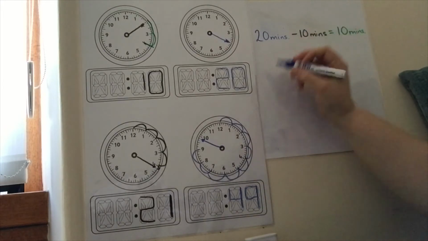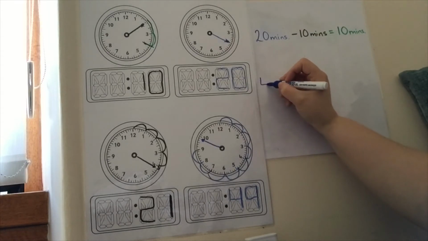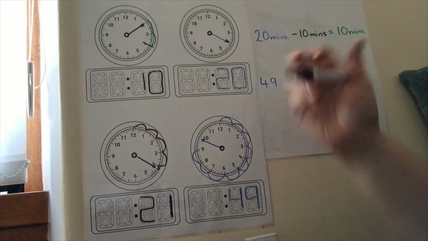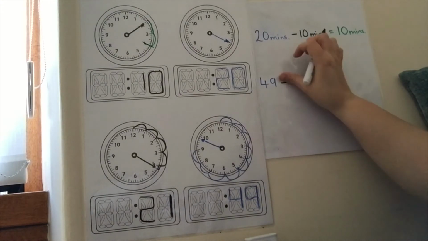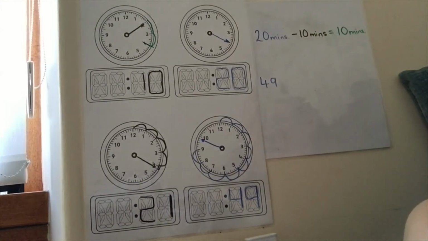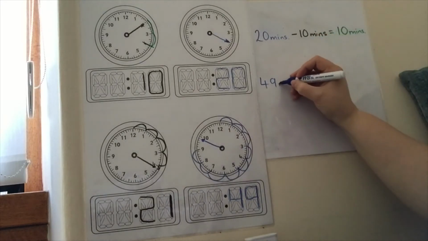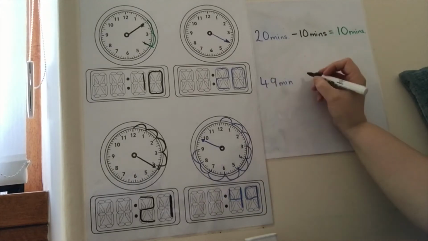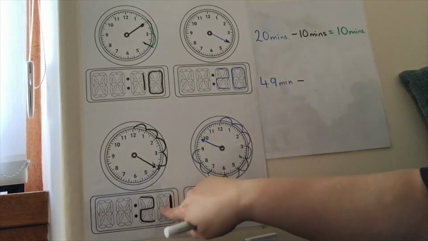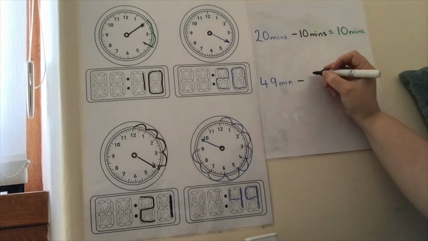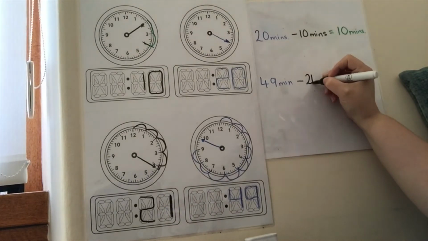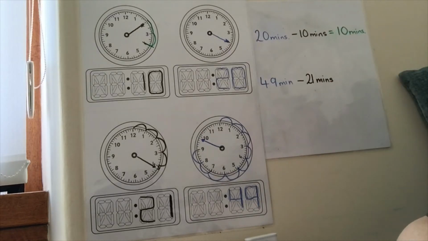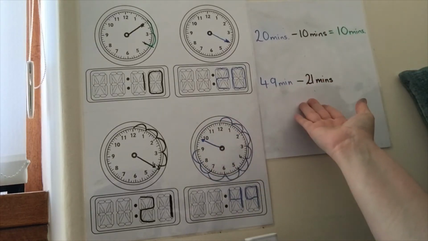So again, we're going to do our sum. So 49, take away, I forgot my minutes. It's important to include what we're measuring in. Take away the time we started at, which was 21 minutes past. And then you can either do this as a chimney sum.